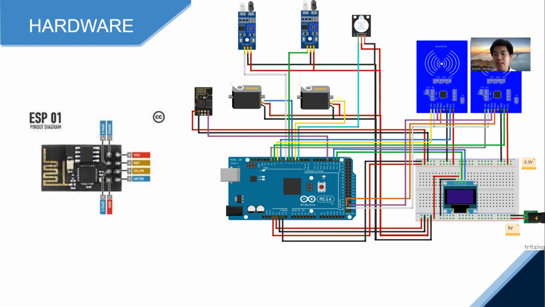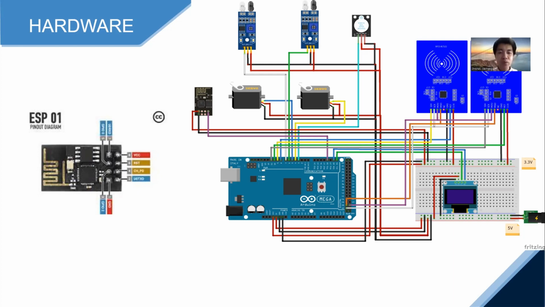For the ESP01 module here, because we are using the cloud platform and our code is relatively large, we can separate the code that runs on the board and the code that runs on the Wi-Fi.